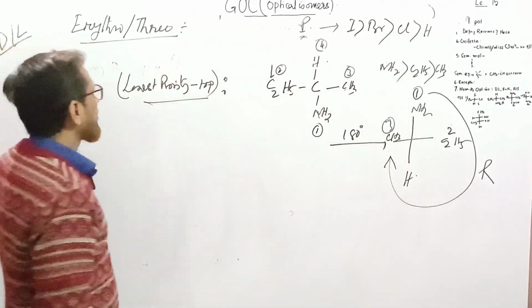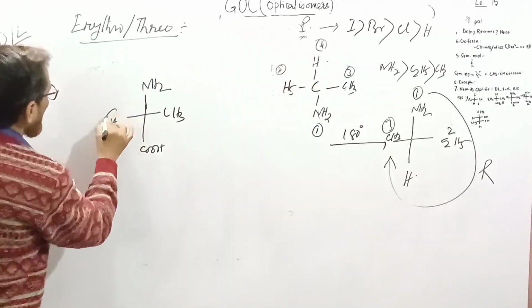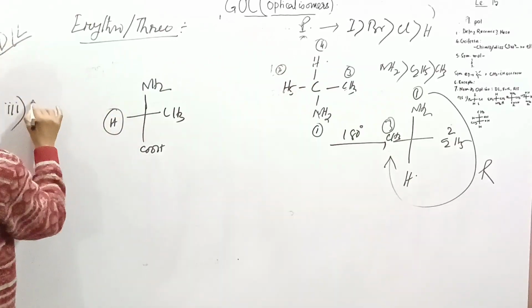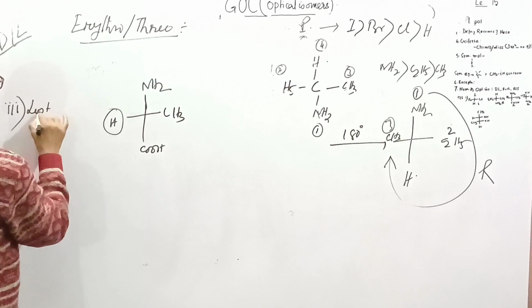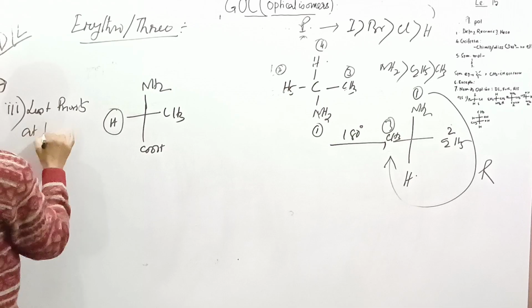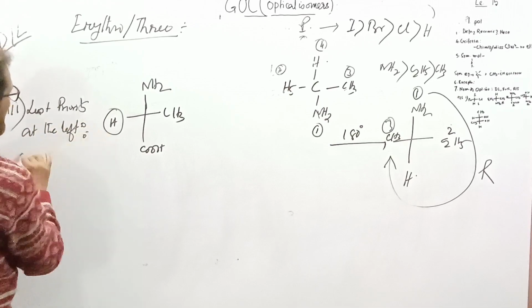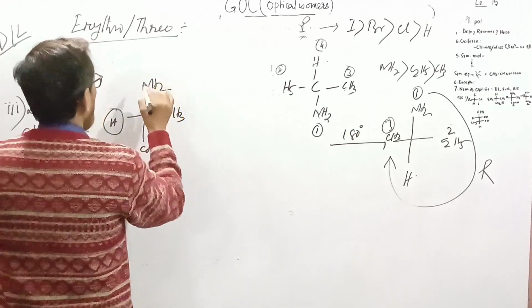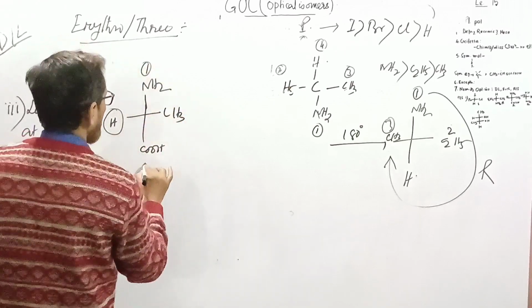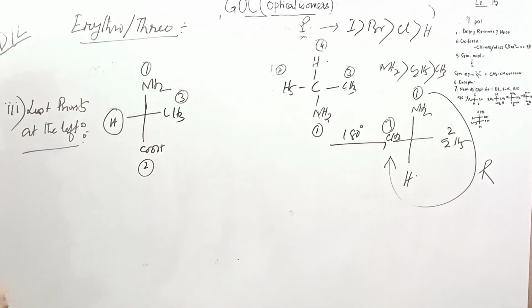Am I right? So third one, mind that where the least priority is on the left. Again, this is 1, this is 2, this is 3 in terms of priority.